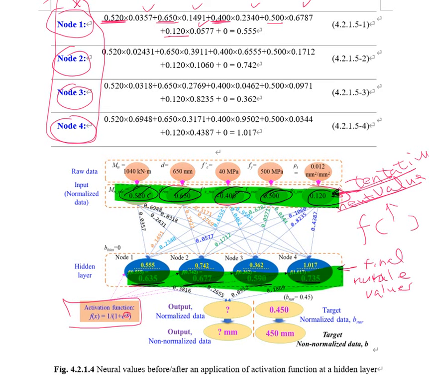You pass the tentative neural values through the activation function, which is the sigmoid in this example. This is how you apply your activation function to capture the nonlinear behaviors that may exist between these inputs and these outputs.